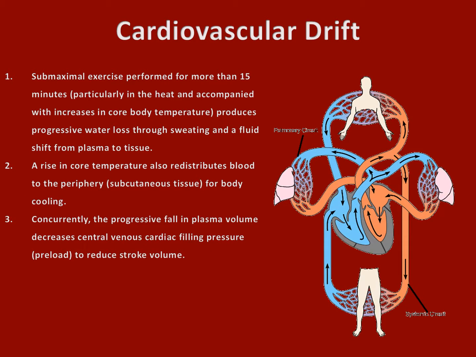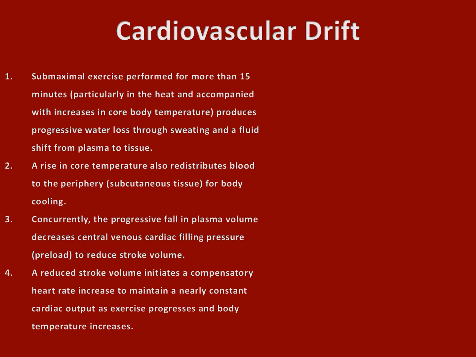Collectively, these cause a decrease in plasma volume and venous return. According to the Frank-Starling mechanism, a decreased venous return will reduce stroke volume. Due to the decrease in stroke volume, heart rate should increase to maintain a constant cardiac output.